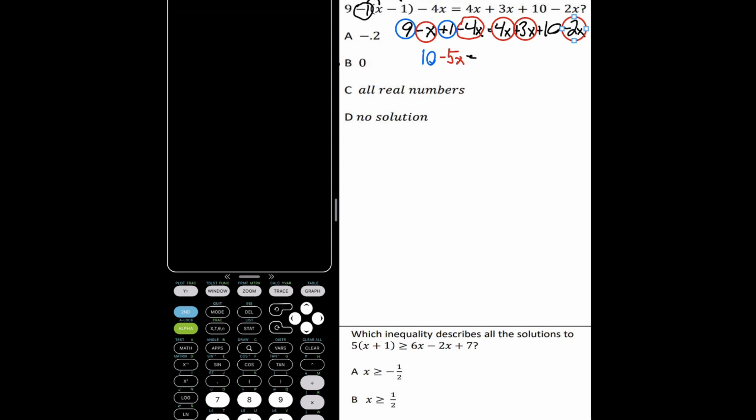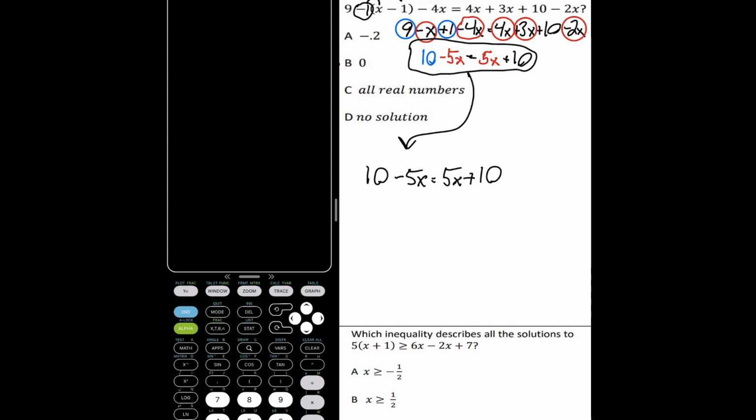So I have a +5x on the right, and my +10 drops down. I'm going to rewrite this part of the equation down here to give myself some more room to work. 10 minus 5x equals 5x plus 10.